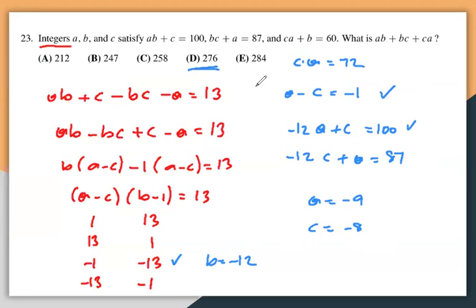Again, this wasn't too challenging, but at first it looked like there was no integer solution immediately, until you subtract those equations. When you subtract, you have only four options to try. If you try any of these four, you see it doesn't work until you get this one. But it is reasonable for number 23 to try some cases, not get any result, and eliminate those cases until you get it.